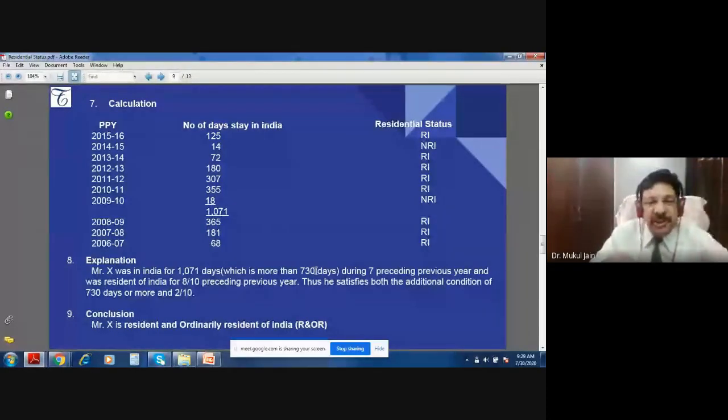Maybe he was for 6 months in America, but he will still pay his taxes in India. Similarly, if a person is resident and not ordinarily resident, because he meets the first basic conditions but doesn't meet the additional conditions, still he will pay taxes in India because the company is Indian.